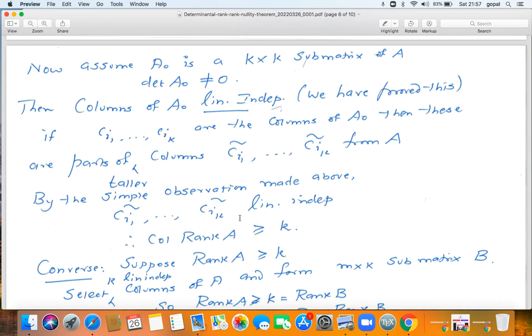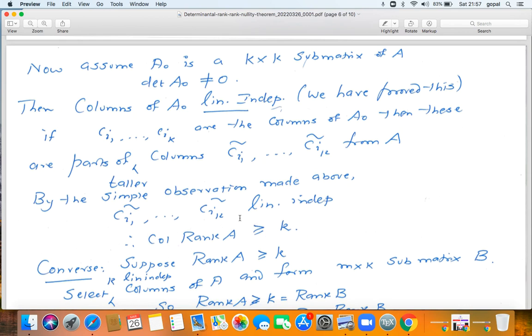But remember, what is A0? A0 is a submatrix. So the columns of A0 are basically parts of columns of A, isn't that so? So the columns of A0 are Ci1, Ci2, Cik. But the corresponding columns in A are Ci1 tilde, Ci2 tilde, Cik tilde.